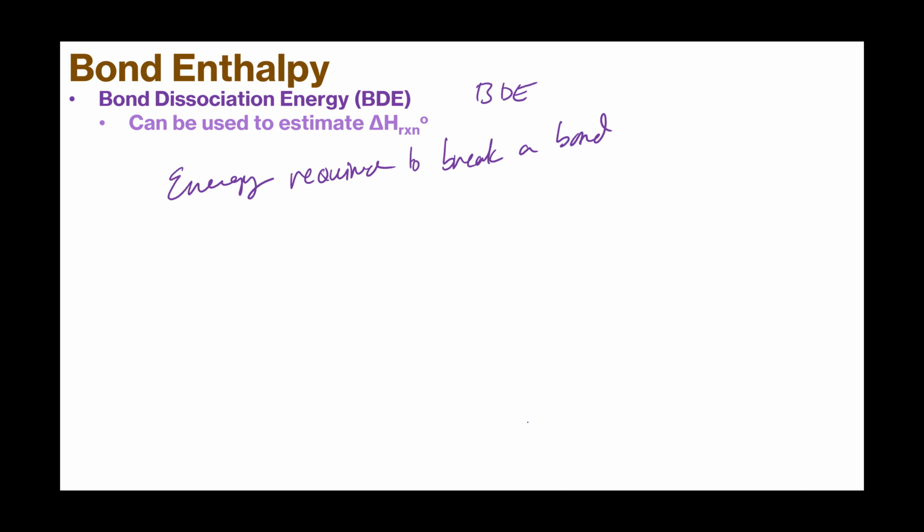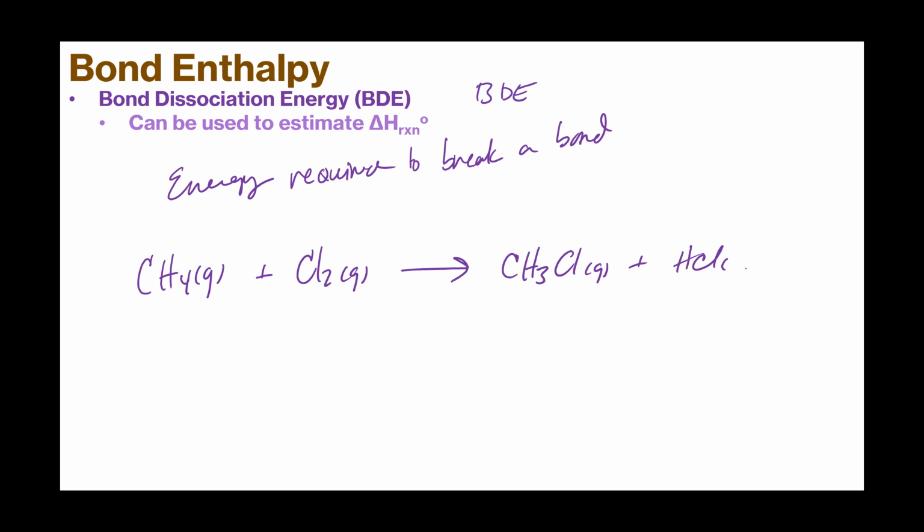For this one, we're going to look at an example, taking methane and reacting it with chlorine gas to make methyl chloride, CH3Cl gas, and HCl gas. This is an organic reaction. It runs by radicals.